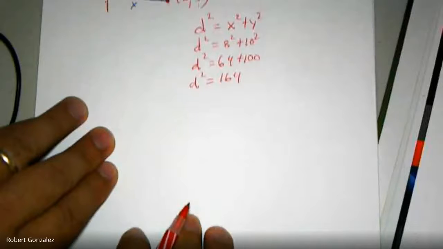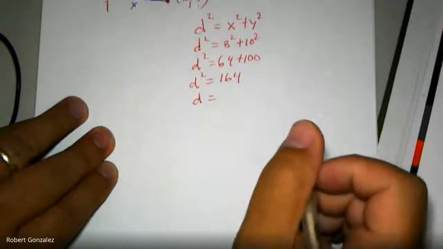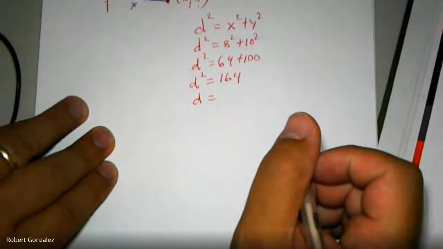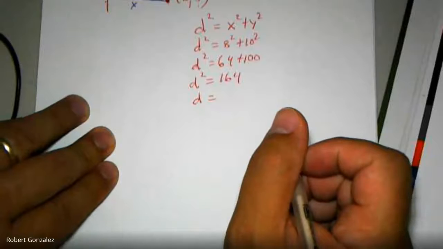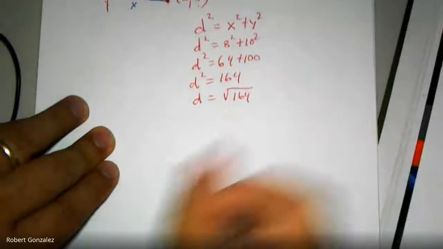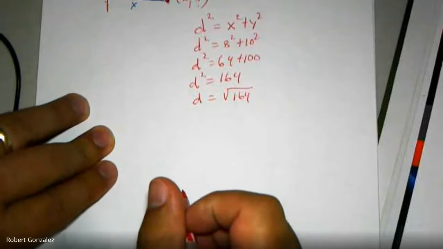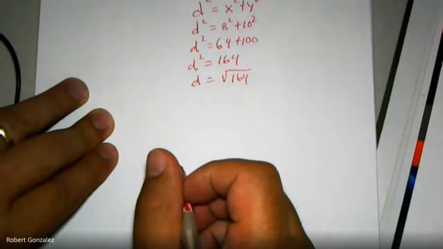To do our final step, we have to take the square root. Now, I know I told you that when you take the square root, you take plus or minus. But this is the distance formula. There is no negative distance. So we're going to do the positive square root. And we can either use a decimal or we can simplify it. Do you know how to simplify square roots like this?